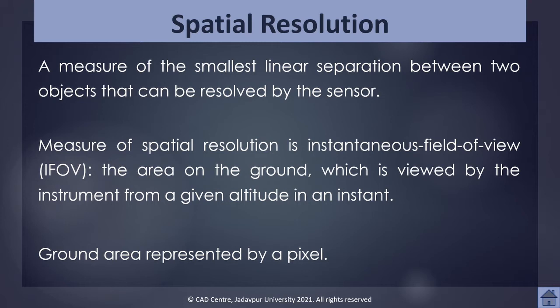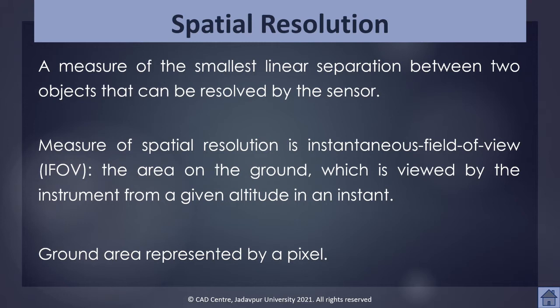So the IFOV is the angular cone of visibility of the sensor and it determines the area on the Earth's surface which is seen from a given altitude at one particular moment of time.